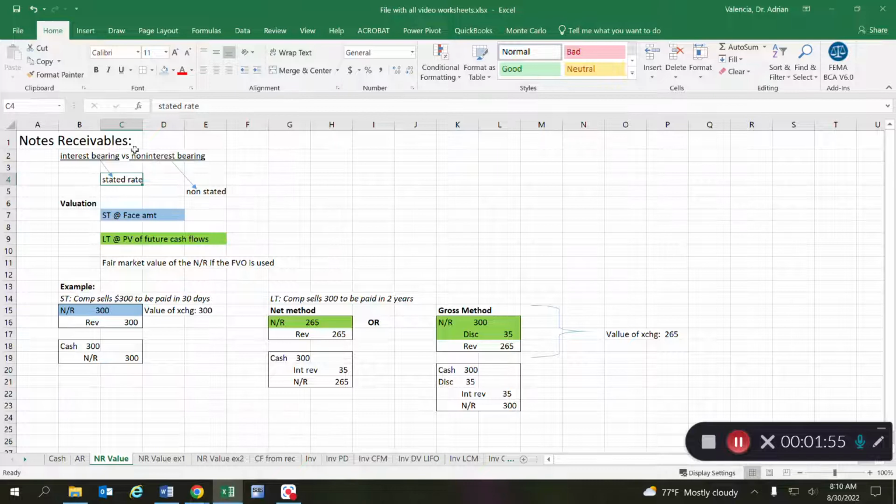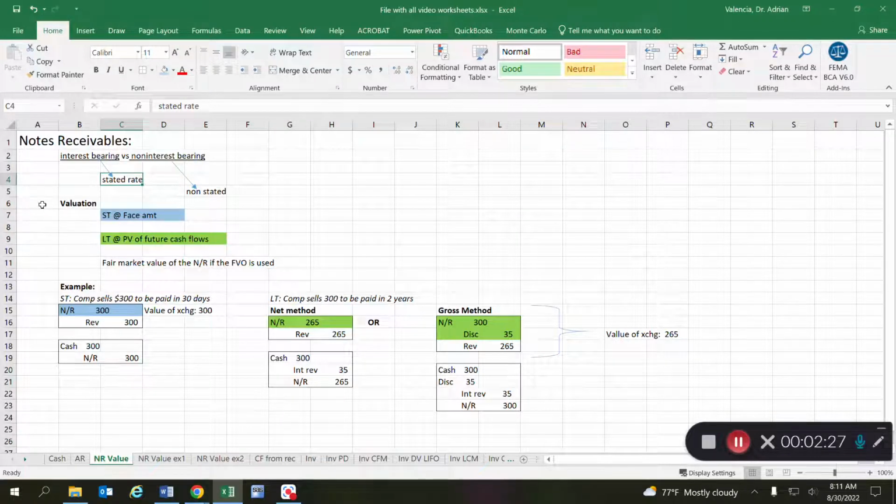But from an accounting perspective, even though it's non-interest bearing, we still have to compute some form of interest within that note, and that is referred to as imputing interest. I'll talk a little bit more about that in a minute. Most of the times you'll have the interest amount stated, but if it doesn't, you'll have to impute interest for the transaction.